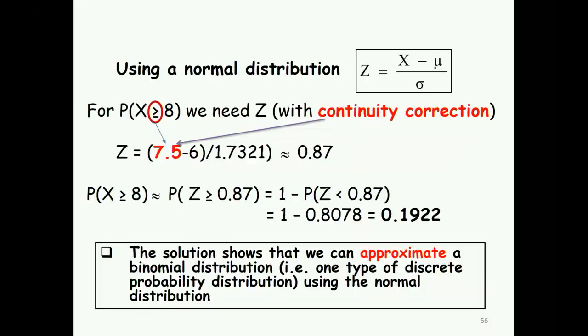If the question is greater or equal to 8, first you have to reduce this to 7.5. What about if it were less or equal to 8? Then the correction would be 8.5. If it is less or equal to 8, this would be 8.5. If it is greater or equal to 8, this would be 7.5.